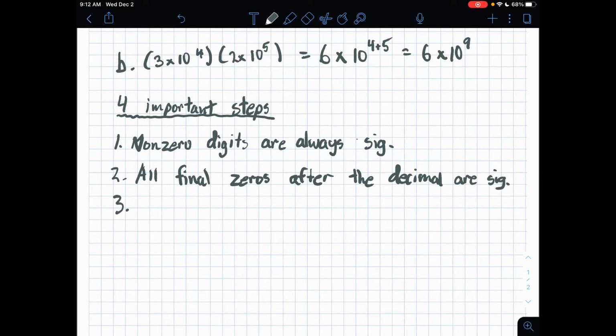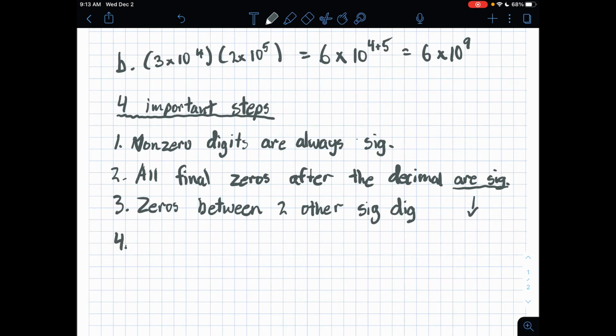Number 3, zeros between two other significant digits, just call them sig digs, are also significant. So let's say you have a number like 309. There's a 0 between the 3 and the 9, which will make it significant. So with a number like that, there'll be 3 significant digits.